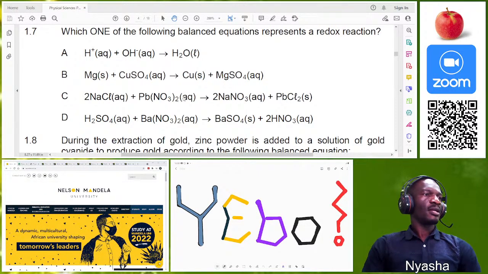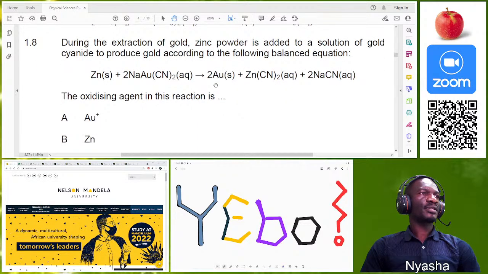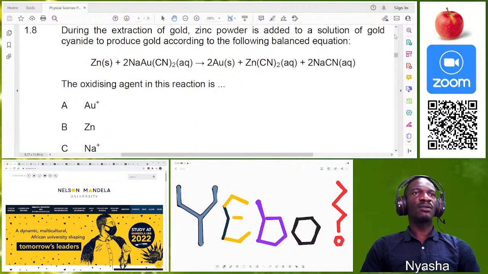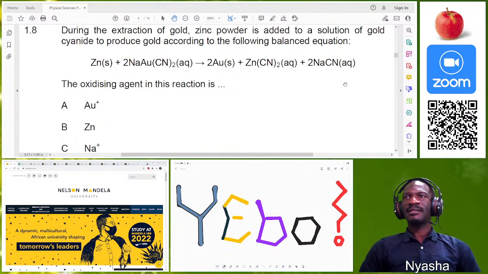The second question under redox reactions is the extraction of gold. So the question reads 1.8. During the extraction of gold, zinc powder is added to a solution of gold cyanide to produce gold according to the following balanced equation. So you've got your zinc powder, that's the solid state, and you have your gold cyanide.